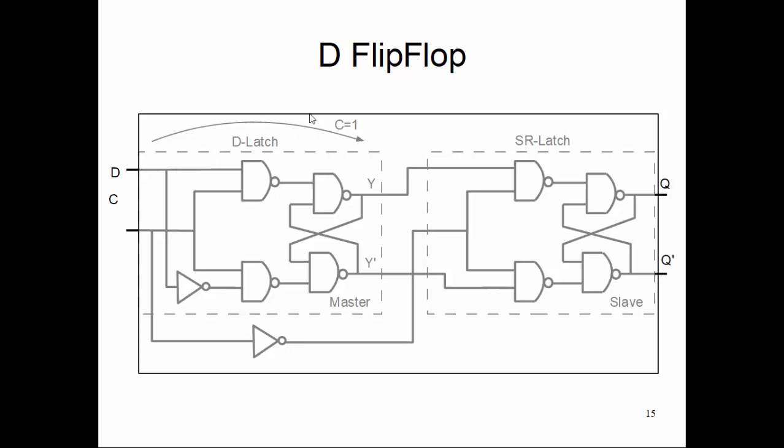Now when C equals 0, there is no more new input, so even if D changes, it won't reflect into the Y. But whatever we stored in Y when C equals 1 will now go into the Q side. So we make sure we separate the transfer of D to Q by at least half a cycle.